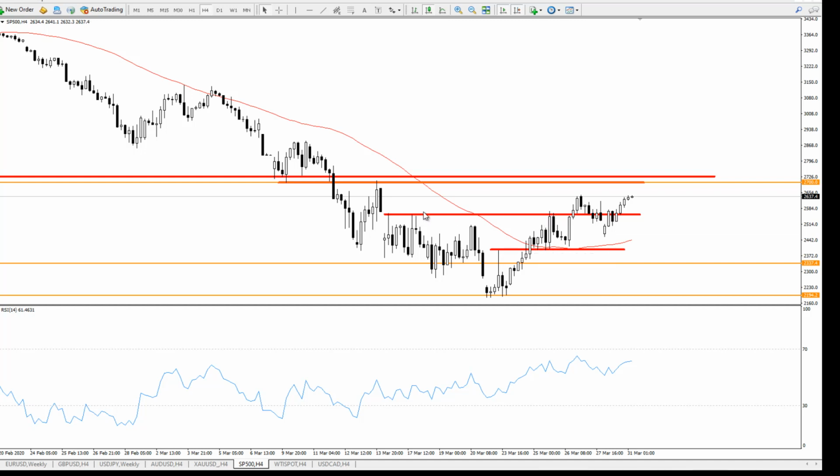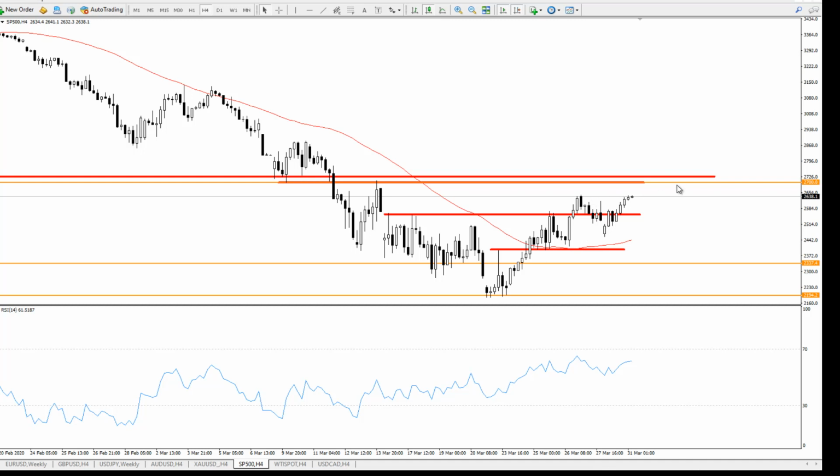Found some resistance at these two peaks here, pulled back but held on to the support, rallied up again. Pulled back through this support, so not strong enough to use this resistance as support and rally up. We did pull back further, but we held on to the previous low, so still technically an uptrend going on here, and we're back up to the resistance again.